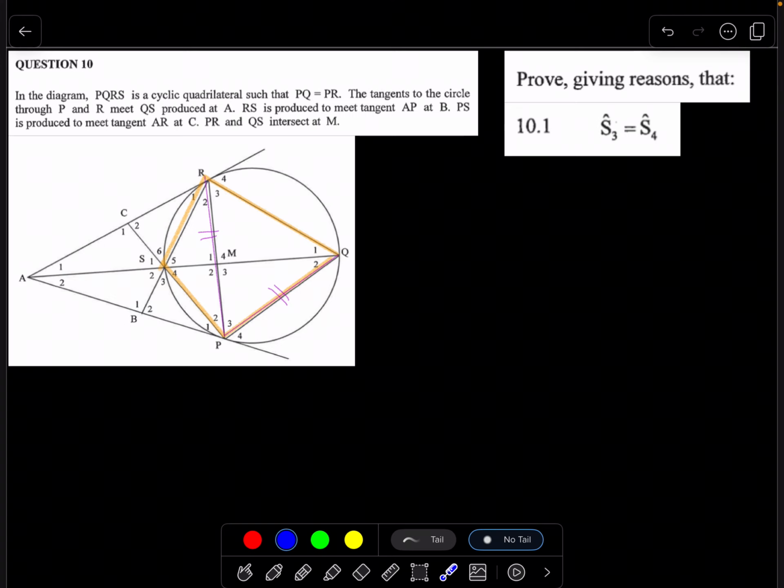What else do we see? It's on the straight line with S2, S3, and S4. So S3 and S2 are external angles to this triangle. So these two added up will be equal to these two added up. So that's another random fun fact.